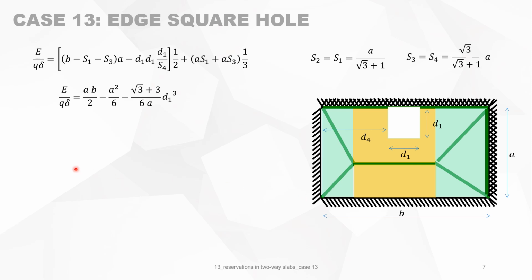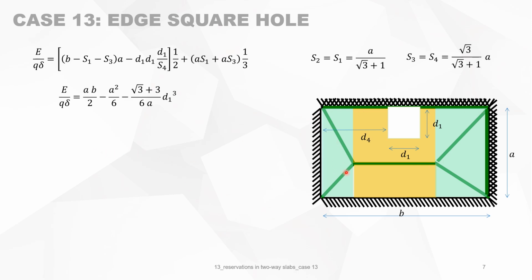Next, we calculate the work done by the internal forces. And we know that this is B minus where the hole is minus D1 divided by the angle of rotation delta over S4, this one. Then we have this line projected on this axis of rotation, so it is B divided by S4.